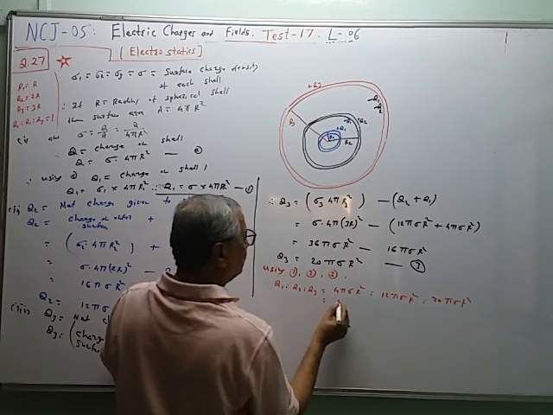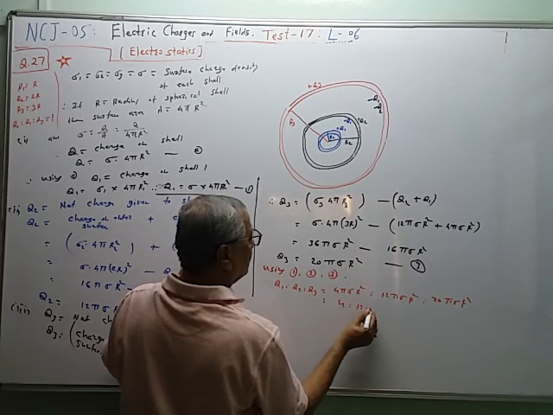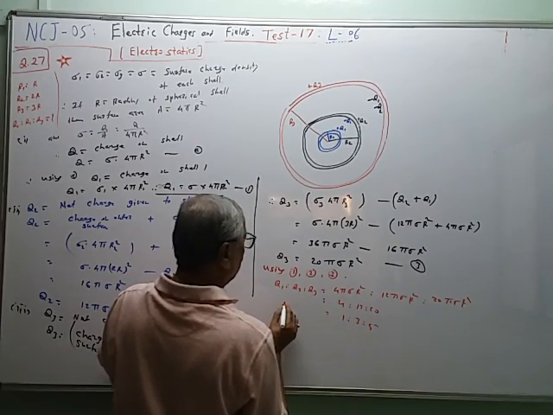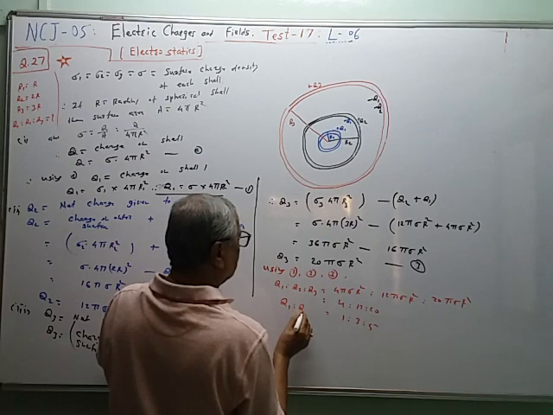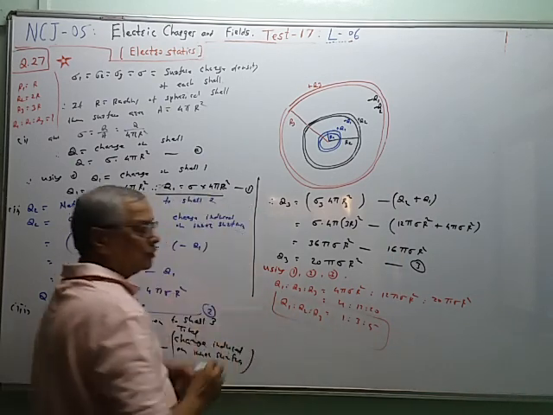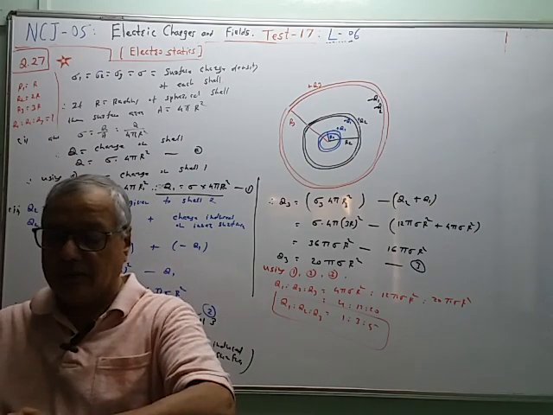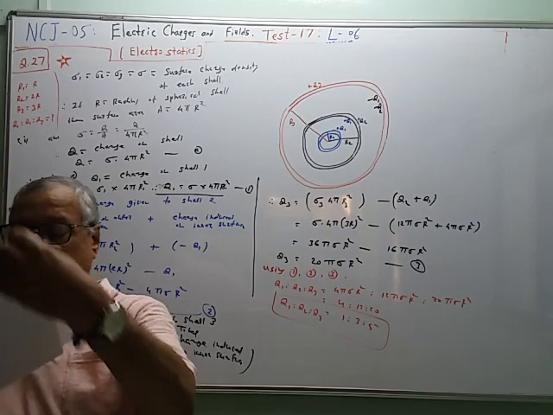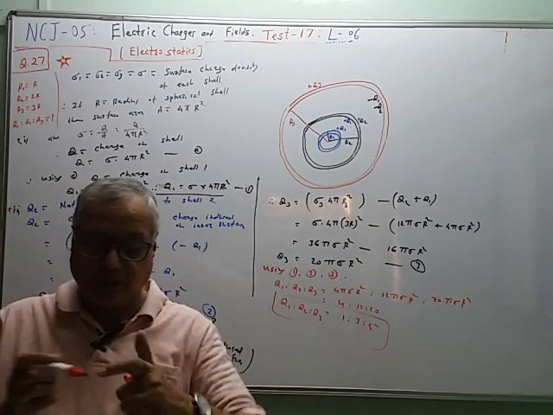So pi sigma R square cancels. So 4 to 12 to 20, and therefore this is equal to 1 to 3 to 5. So the correct ratio is 1 to 3 to 5, and therefore the correct choice is B.